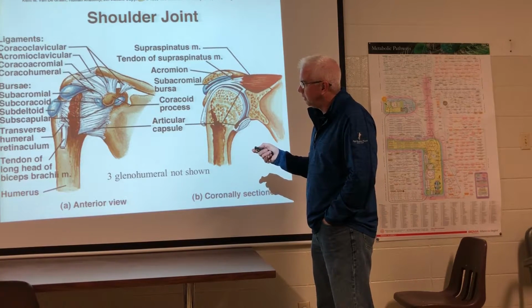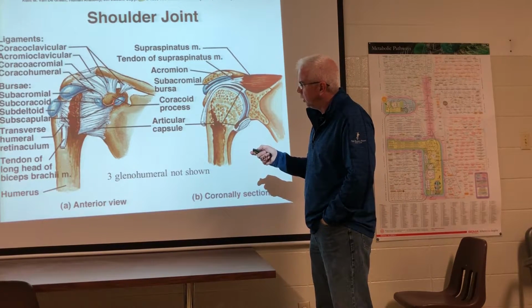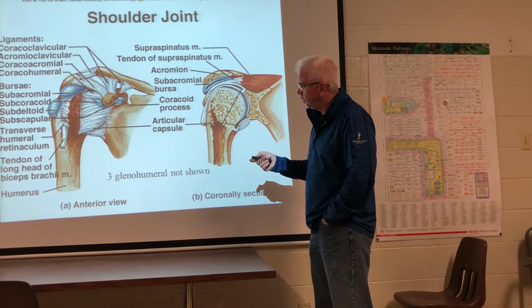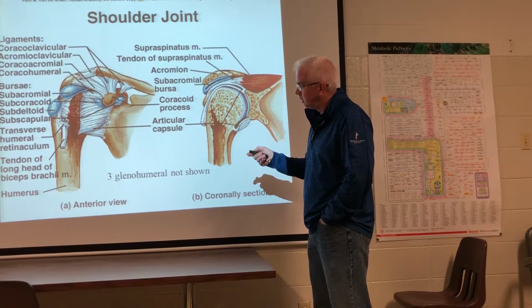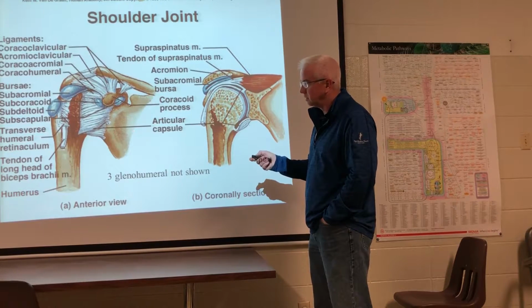What about this guy? Let's do this one. What is the purpose of this subscapular bursa right here? This is the coracoid process, and the subscapular bursa is right here. So what muscle is in here? This is an anterior view. This is the subscapular fossa. So the subscapularis is here, and it comes across here.